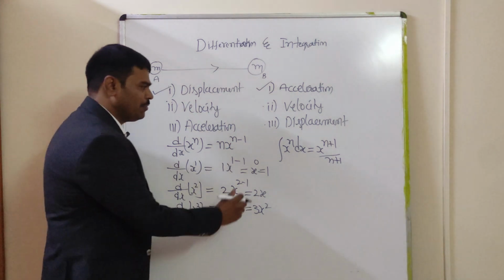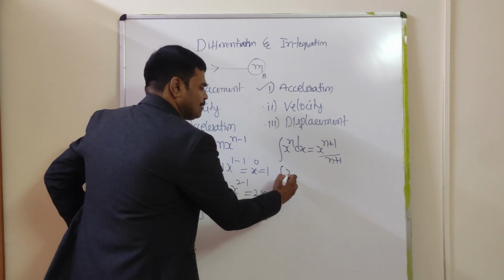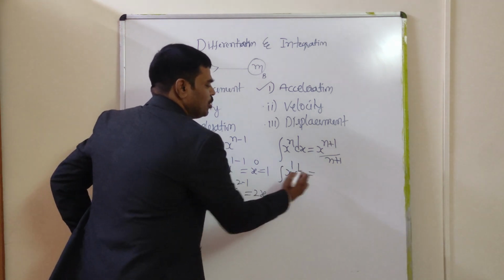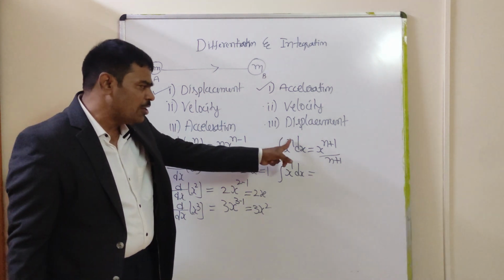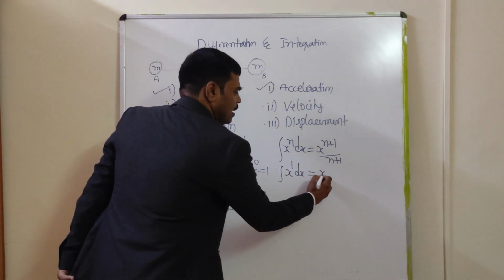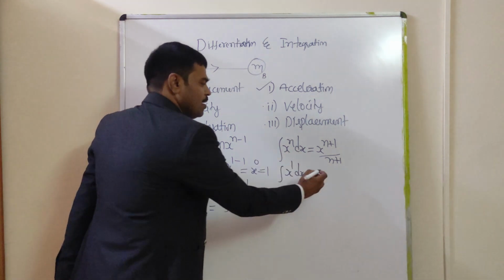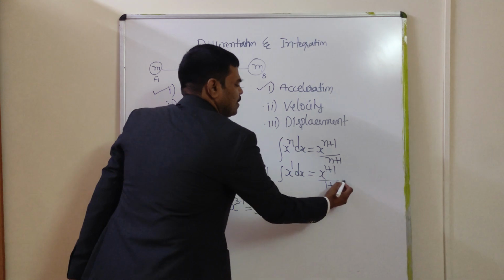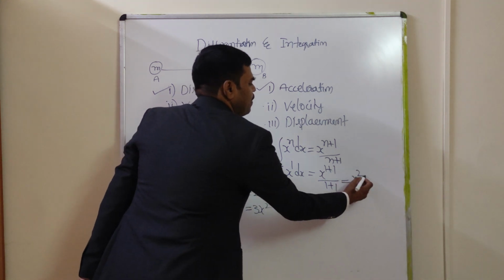of physics. Now here, integral x power 1 dx is equal to, what is the n value here? 1. So x power n plus 1, n is 1. 1 plus 1 by 1 plus 1, that equals x square by 2.